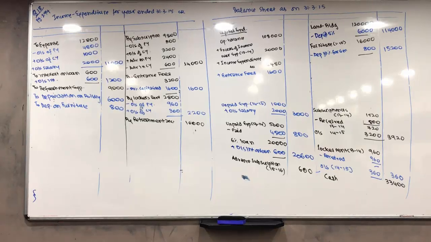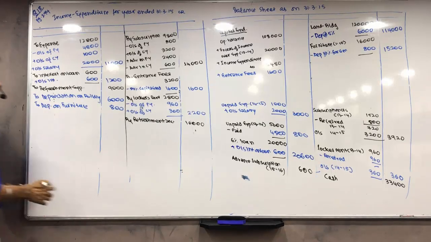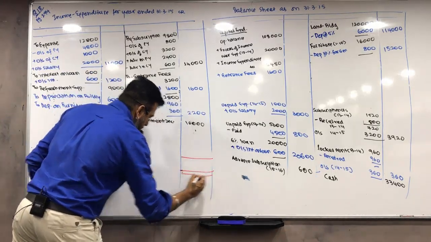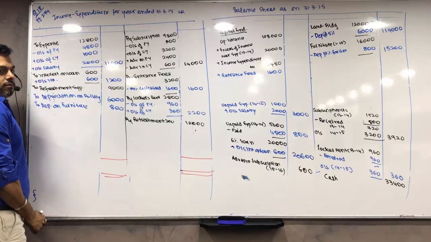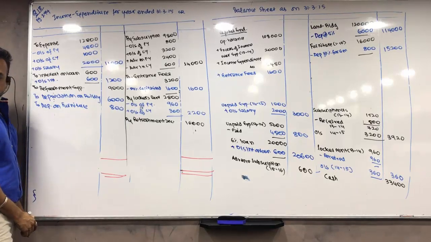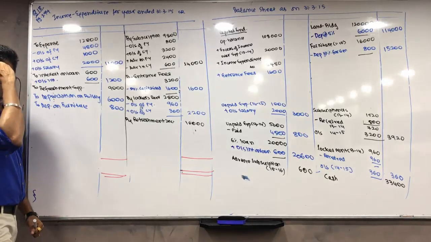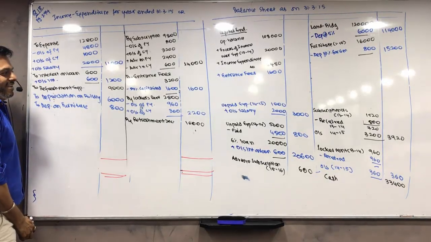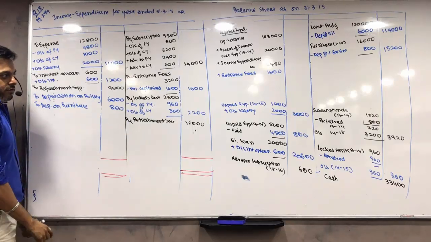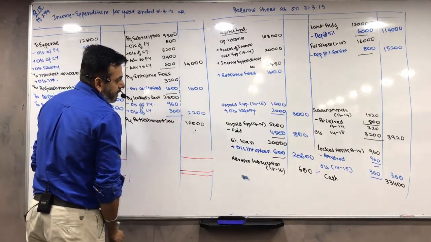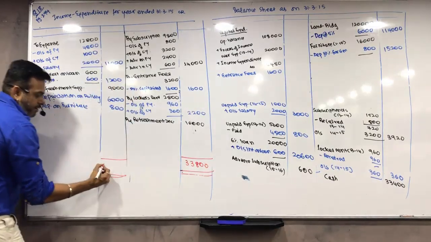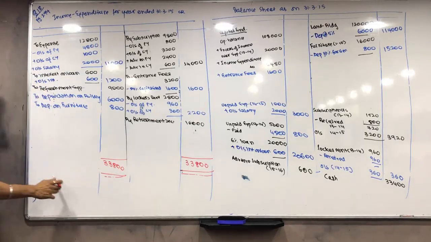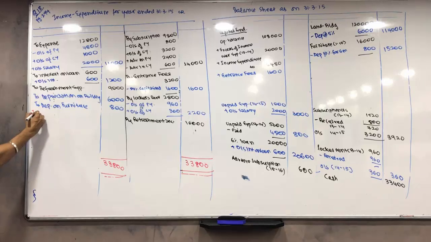All adjustments done? Okay. Check the two effects and start closing. Okay. Which side is more? Credit side is more. Someone is saying debit side is more. Surplus, so the credit side is more. Okay, 33,800. 800.